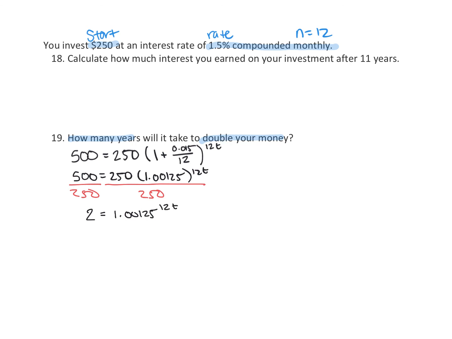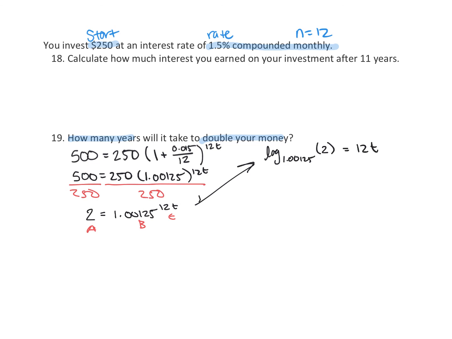Now from here, we have a base, we have an exponent, and we have an answer. So let's rearrange. We will have log with a base of 1.00125 of 2 is equal to 12t.